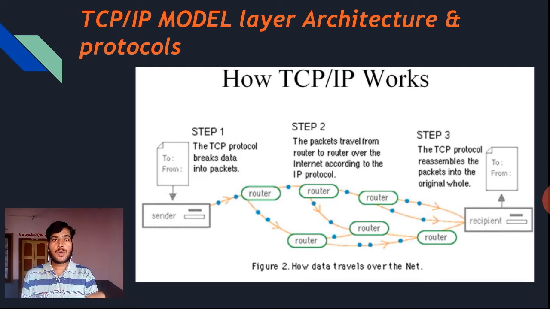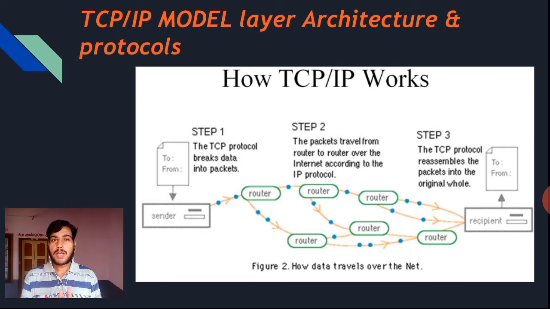Suppose the path from router A to router B is busy with other packets, but my message has to be transferred immediately. The router looks into the traffic and reassigns another route to the packet. Ultimately all 10 packets have to reach the destination successfully.